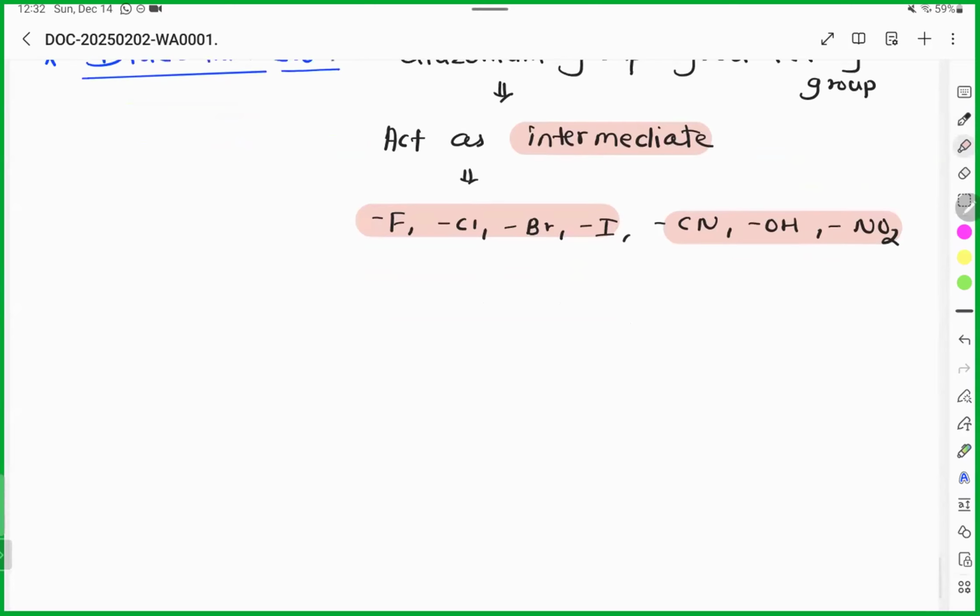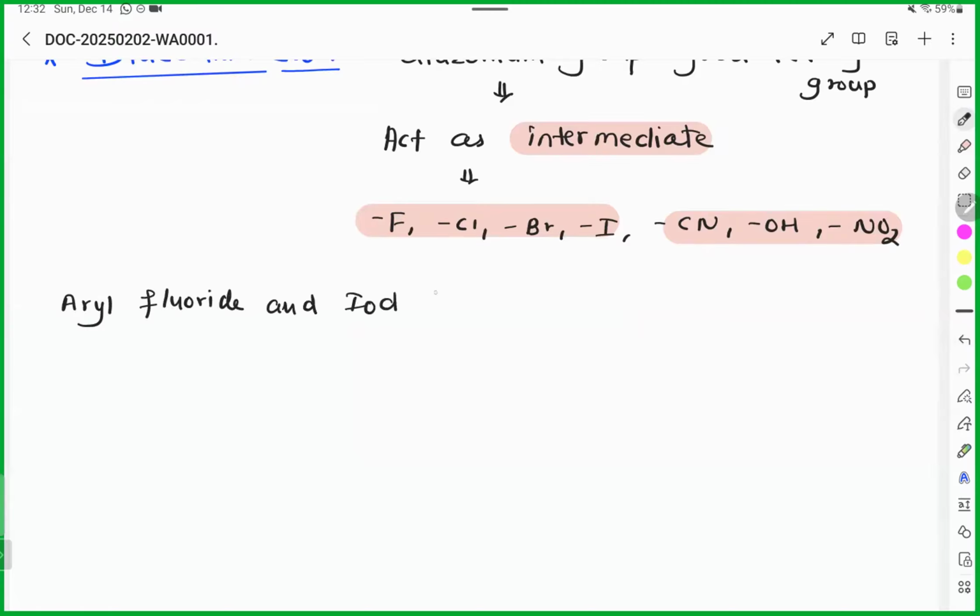Correct? If you take fluorine and iodine, I will write it in a different way: aryl fluoride and aryl iodide.